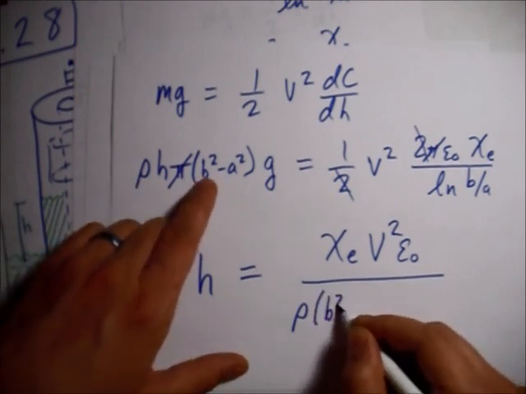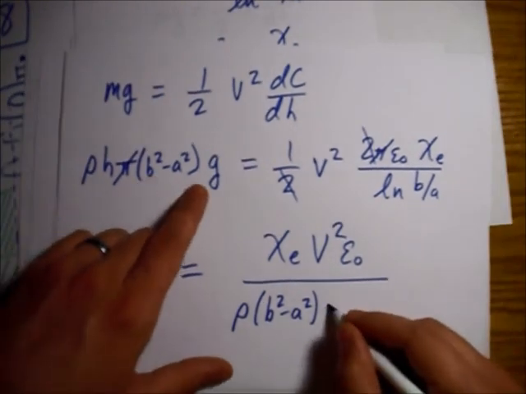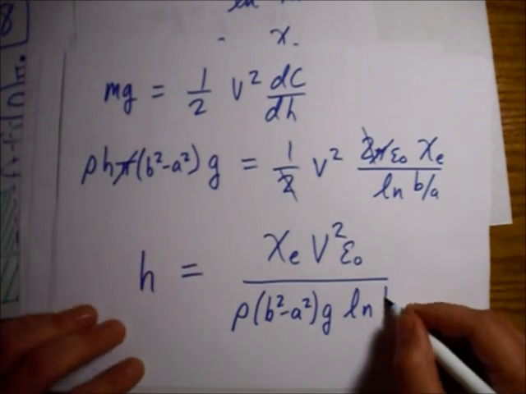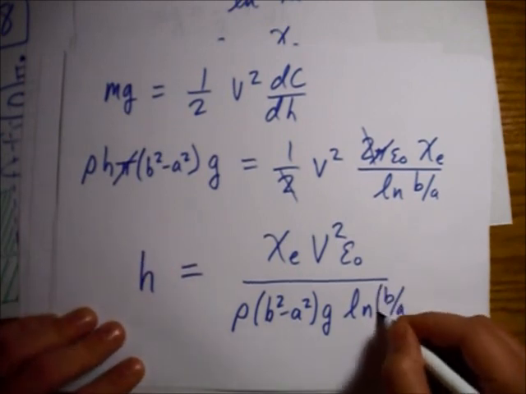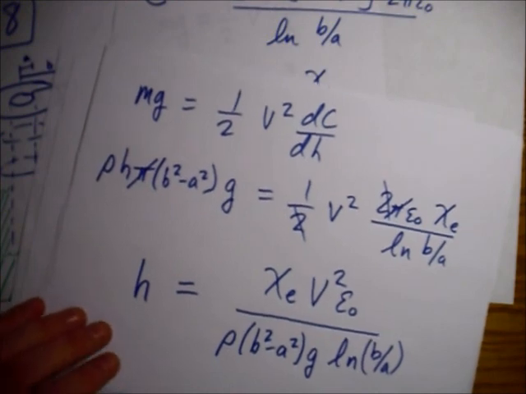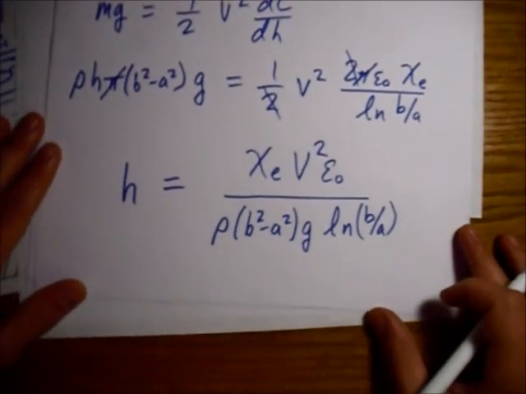We got a b squared minus a squared. We have a g, and of course our natural log of b over a. Let me just double check that with what I worked out before, make sure we're not missing anything, and it looks good. I think this is our answer here.